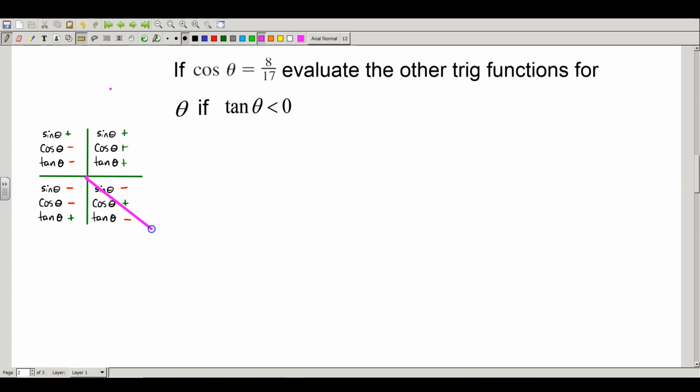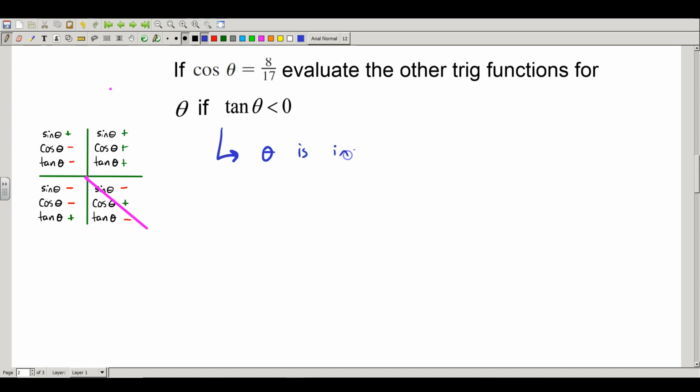The extra piece of information says that the tangent of theta is going to be negative, right? So if I'm debating between 1 or 4, it's going to be 4 here, because tangent is negative in quadrant 4, not in quadrant 1.